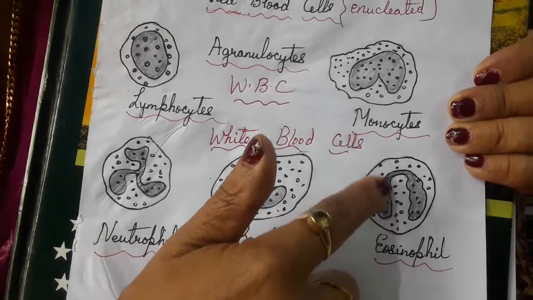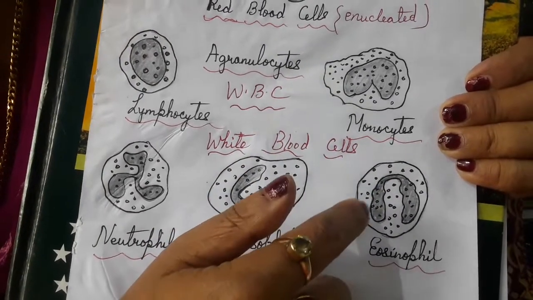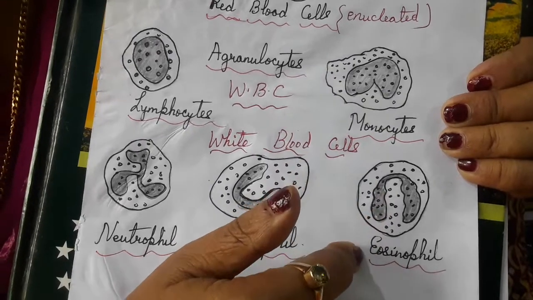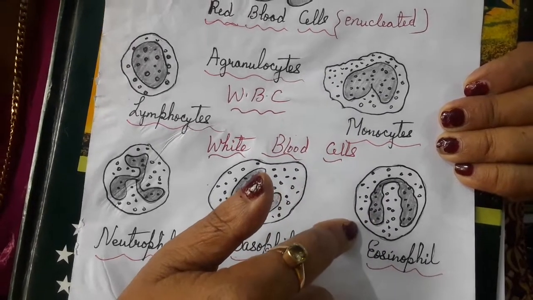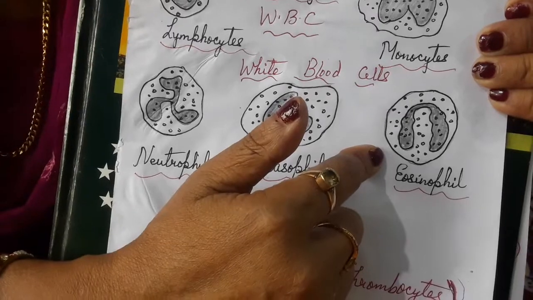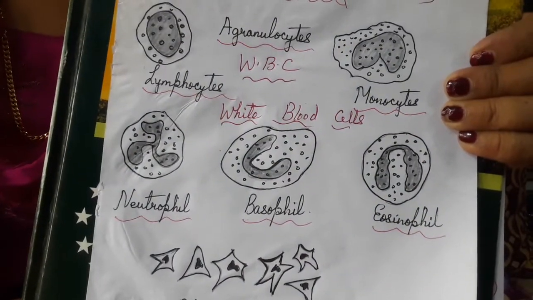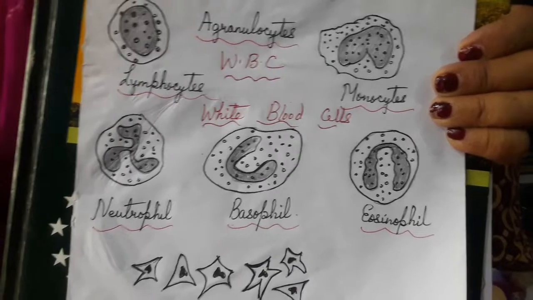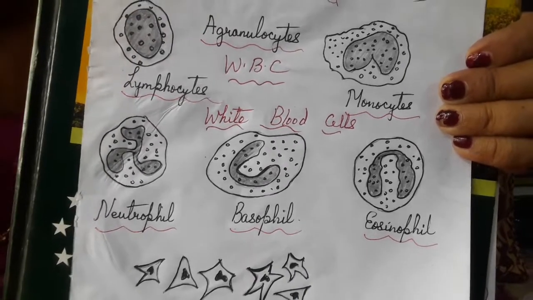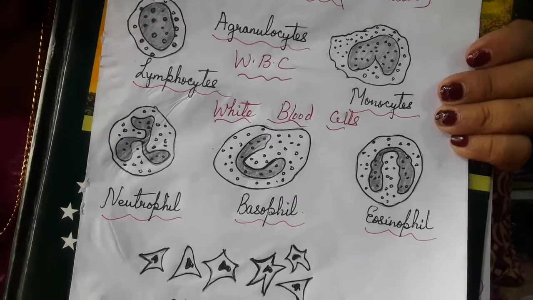There also the nucleus is prominent. It is 2 lobed, and it can be stained with eosin, that is the acidic dyes. All these three different types of granulocytes are involved in phagocytosis as well as in production of histamine.